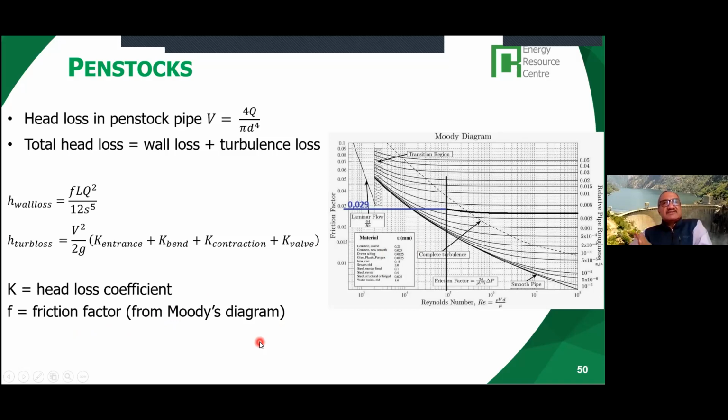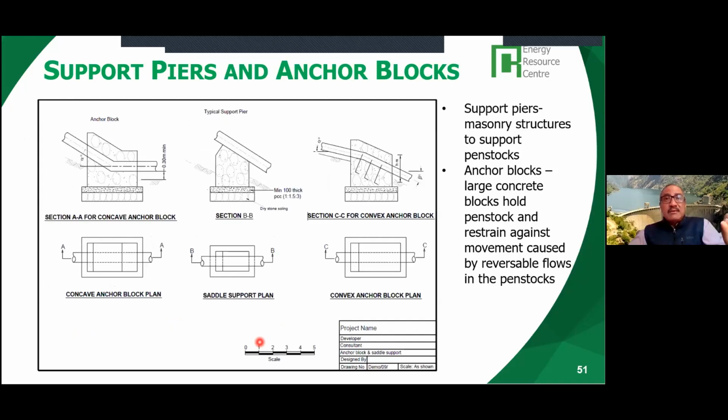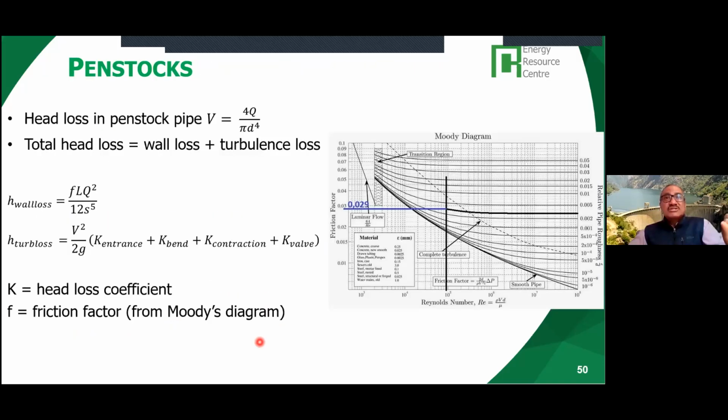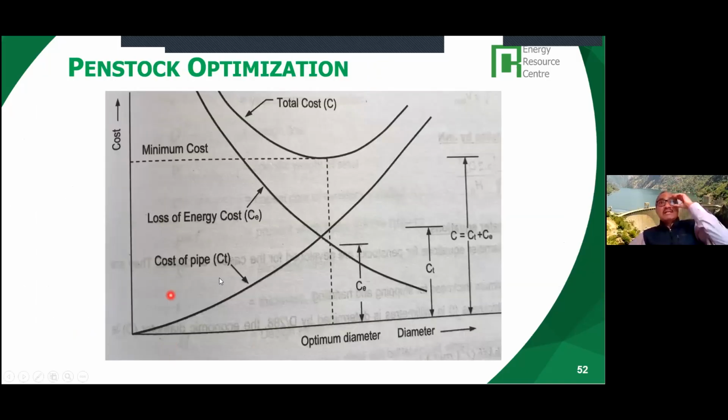Based on the loss, like we did for the tunnel, we also do what is known as the penstock optimization. Once the diameter of the penstock increases, the cost increases. When the diameter increases, the head loss decreases, so the loss of energy decreases.